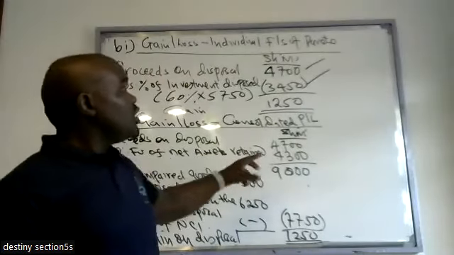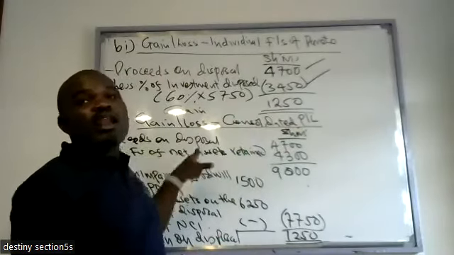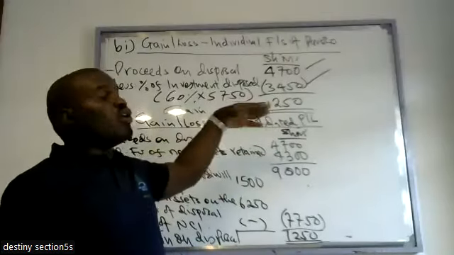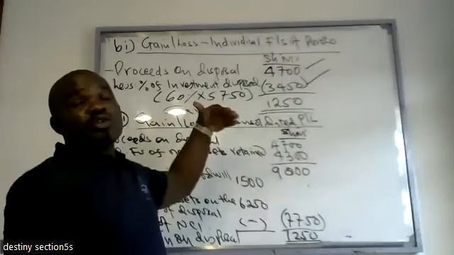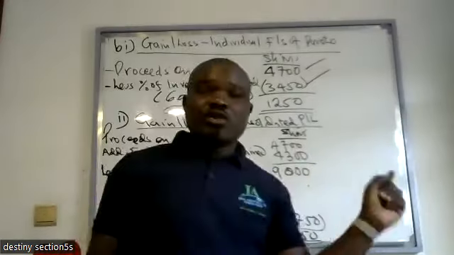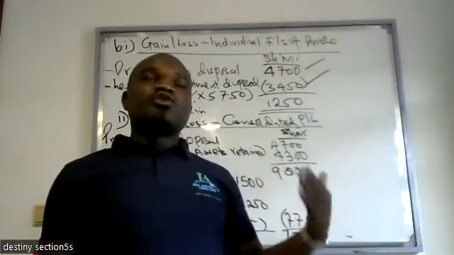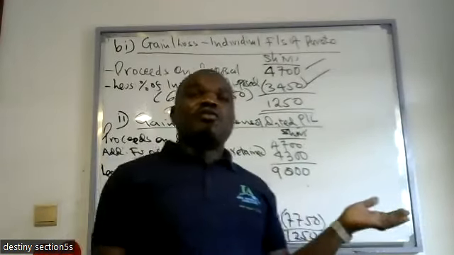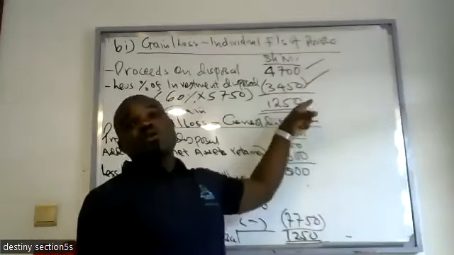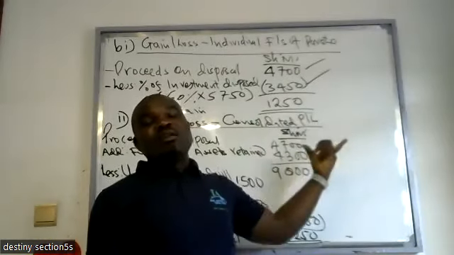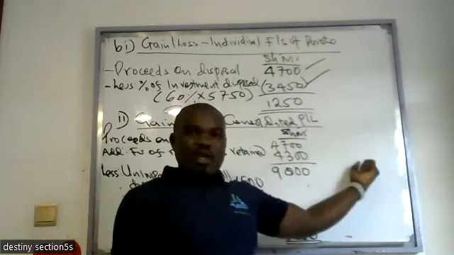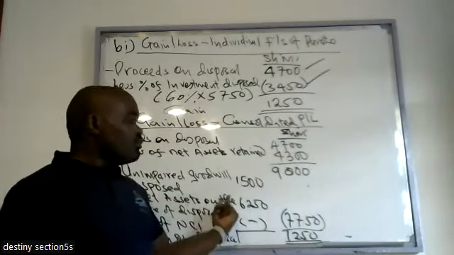In this question, there was no impairment loss. If there is impairment loss in a question, let's say they said goodwill was to be impaired by 10%, then at the point of computation, we could have reduced goodwill by 10%. So what remains is what we could have brought here.